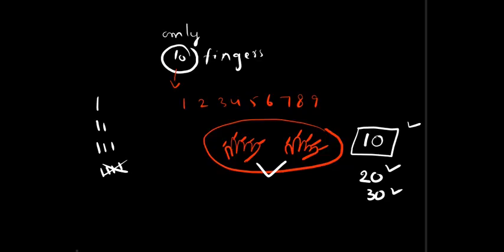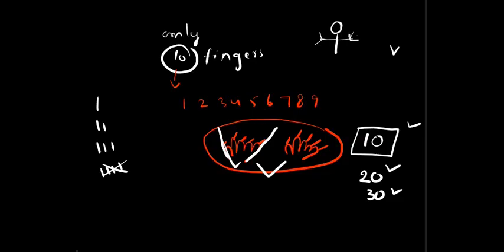If you see some drawings, they draw hands like this, in the shape of V. So this is our hand. It looks like this V shape, right?